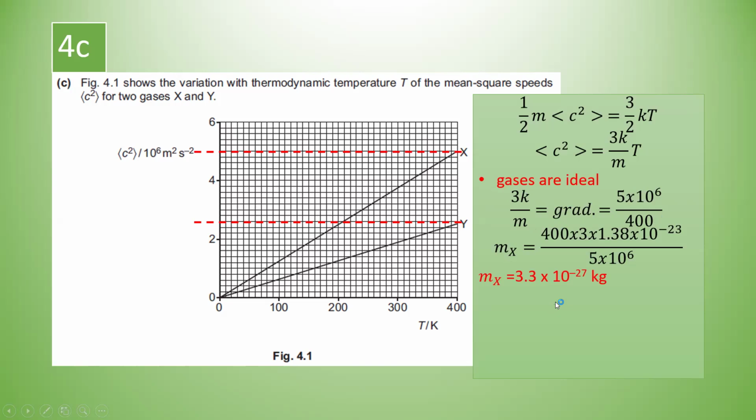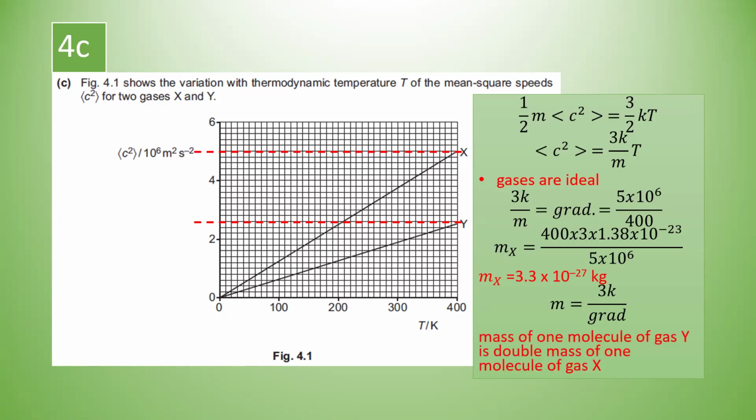You are supposed to observe on the graph and come to a conclusion. Then mass of one molecule of gas Y is double mass of one molecule of gas X. Look at the gradient, same point there, roughly double. That's what he's saying.